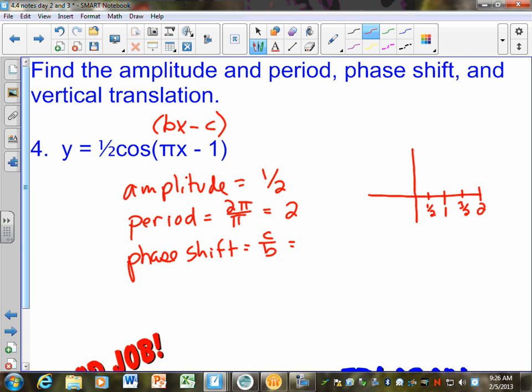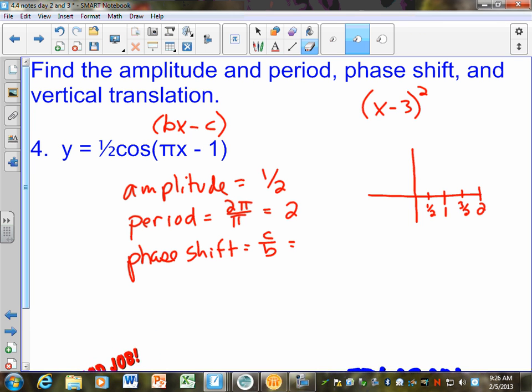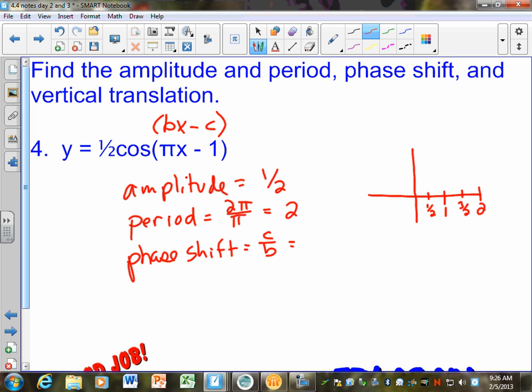So like if you had x minus 3 squared, remember that always means it's going to the right 3 because it's the opposite. So hopefully that will help you remember doing this. So if it was plus 1, you would take the negative because that would mean it's going to the left or backwards. So my c is actually positive 1 and my b is pi.